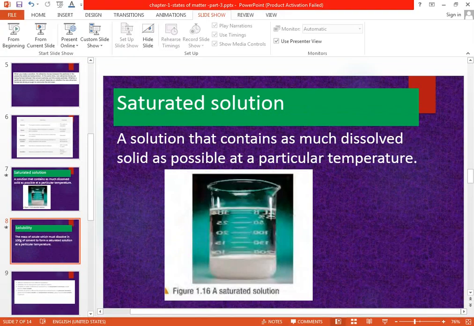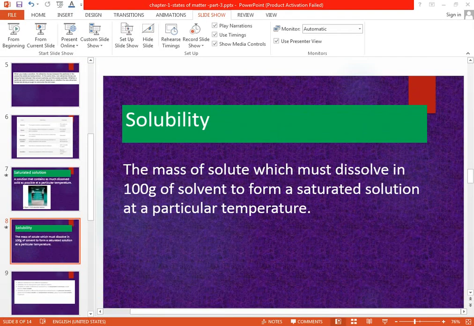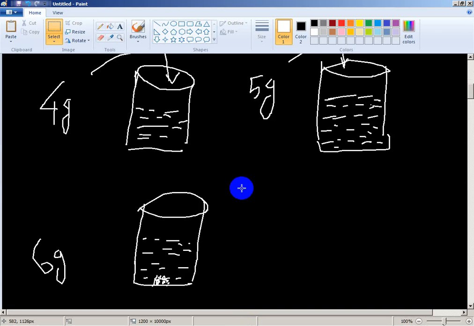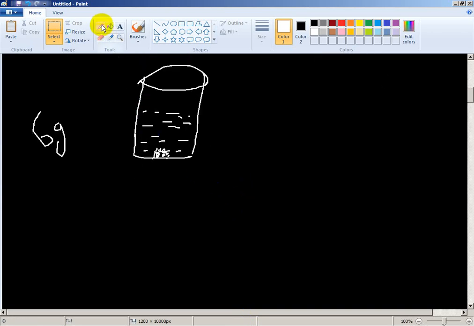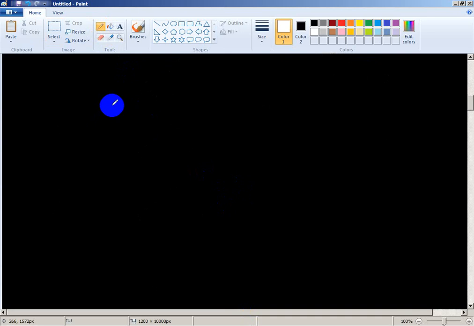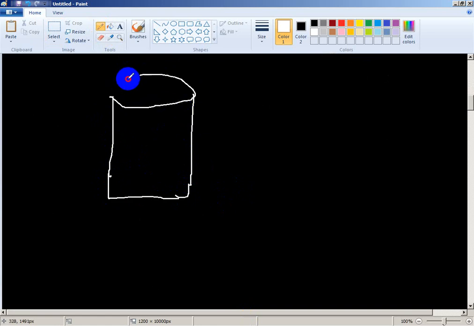Okay, now I am going to explain these things. Take 100 gram of solvent, take water, 100 gram of water. What is the maximum amount of solute required to form a saturated solution?